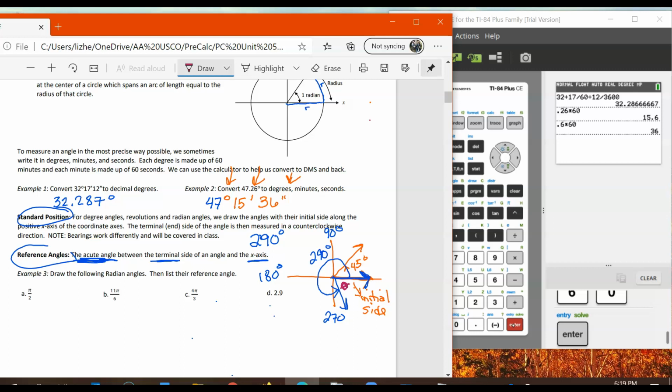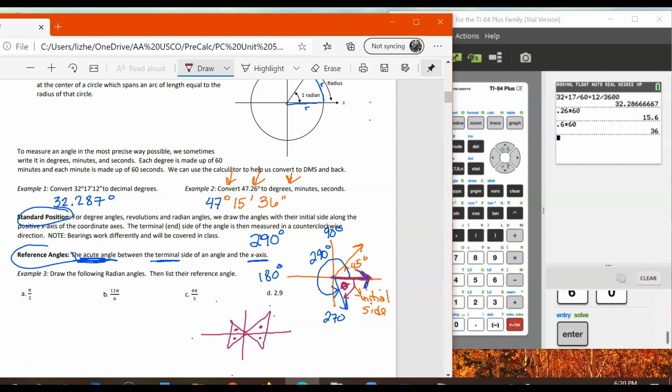That would be my reference angle for 270 degrees. If you remember last year, we talked about the bow tie. Reference angles are somewhere in this bow tie. So it could be this, or this, or this, or this. It is always made by the x-axis and the terminal side.